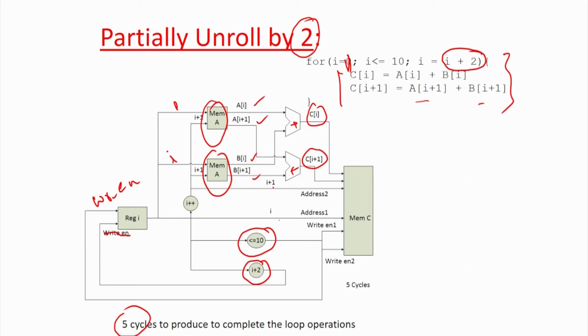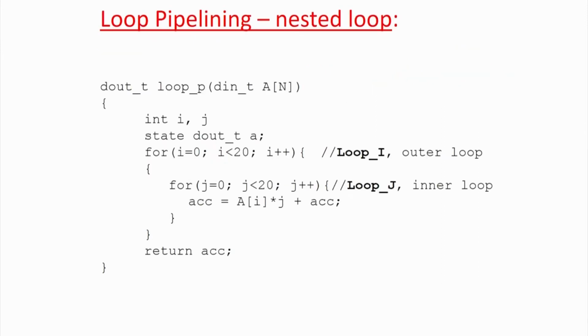Okay. So, this is what we have discussed for a single iteration loop, right. Now if you go for the nested loop, what kind of design choice should you make, because this is a common coding style. We have nested loops. Here I took an example of 2 nested loops, for i and for j, so loop i and loop j.